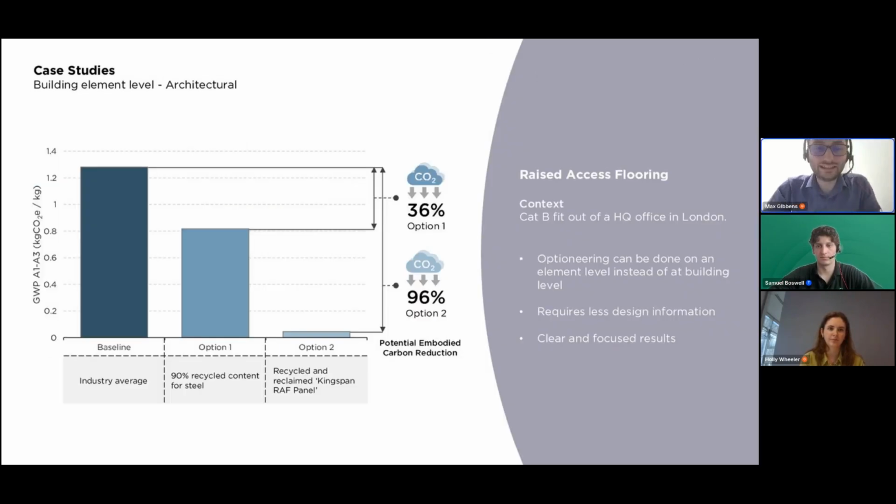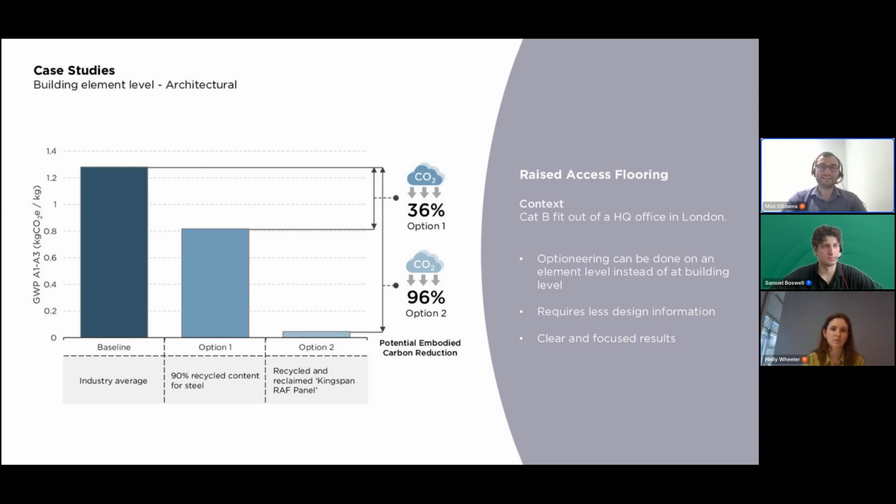To get to a really granular level, raised access floor, as I said before, is a really hot topic at the moment. You've got quite a lot of steel work going in to encase that wood core. Those other cores can be used as well, and there are many manufacturers of raised access floors.